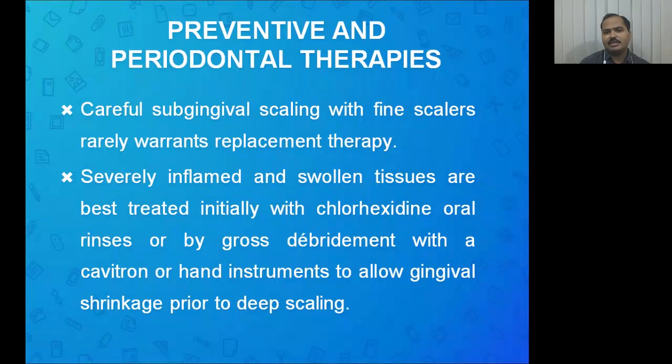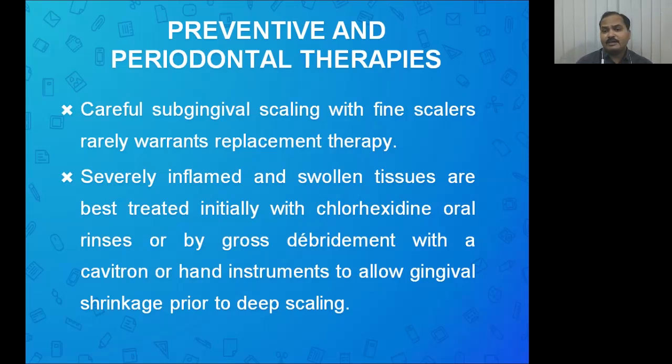In subgingival scaling, usually you will be coming in contact with the gingiva. So fine scalers should be used very intricately so that you do not injure the soft tissue or the gingiva, which will then bleed.